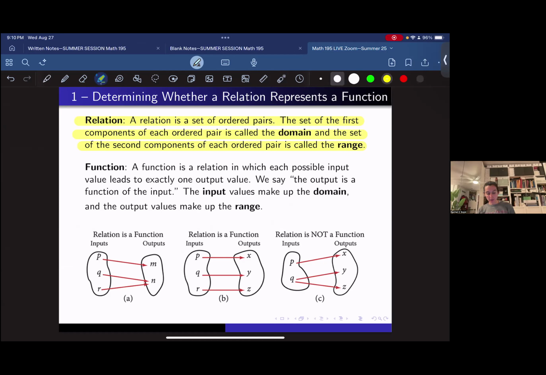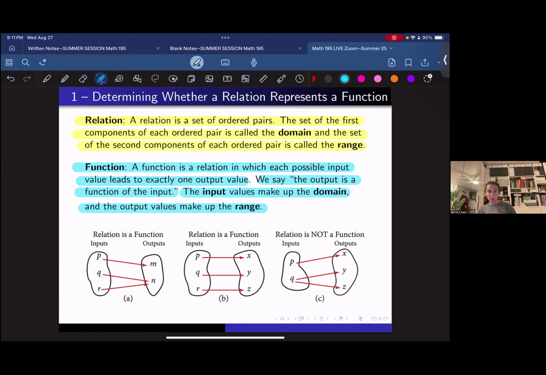And then we also have our formal definition of a function, where a function is a relation in which each possible input leads to exactly one output. And we say the output is a function of the input. All of our input values make up our domain, while all of our output values make up our range.